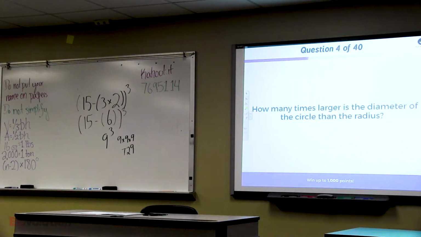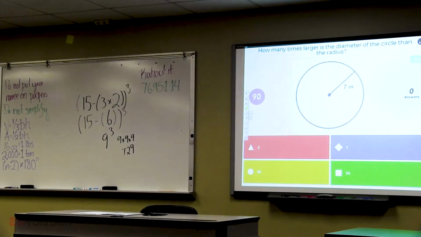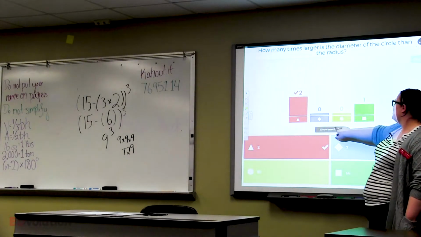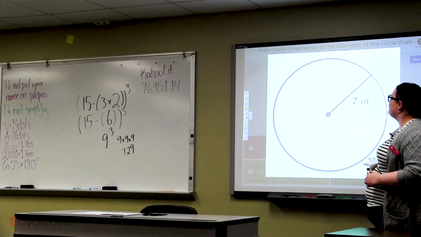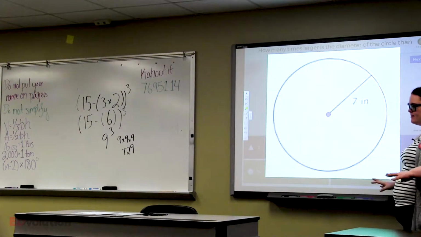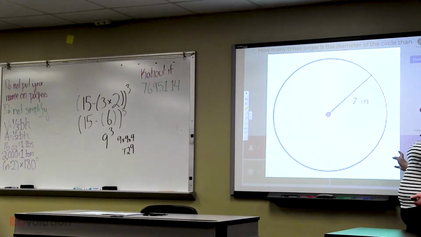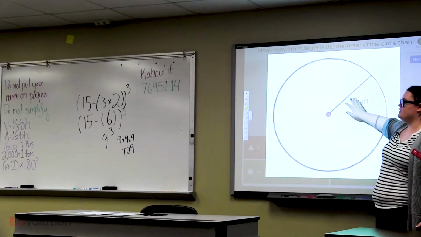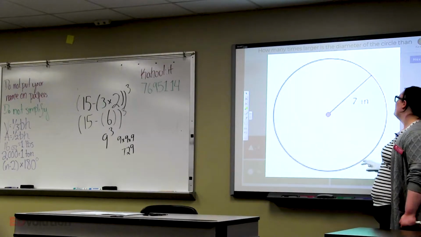How many times larger is the diameter of the circle than the radius? All right. Whenever you see pictures like this, the test makers, Pearson, are actually trying to trick you because they want you to think that this 7 inches is important.